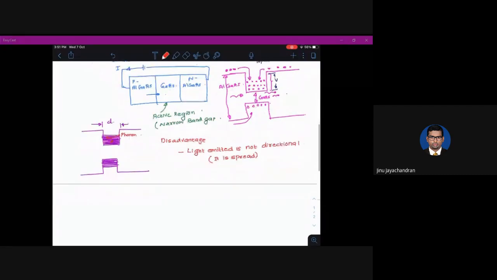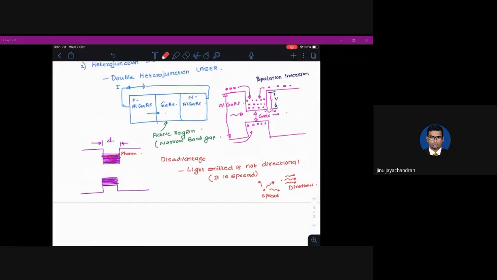So the light emitted from this object should always be in this direction. If light emitted is something like this, it means it is spread. This means it is directional. So from a double heterojunction, the light emitted is spread, and this spreading is a big disadvantage.